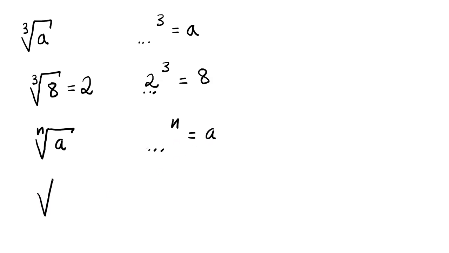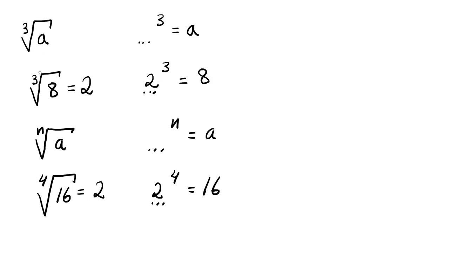So for example, what is the fourth root of 16? That's the number you should put here, and you see that 2 works. So this is equal to 2. Also in this case you have to choose the non-negative number, because minus 2 would also have worked.